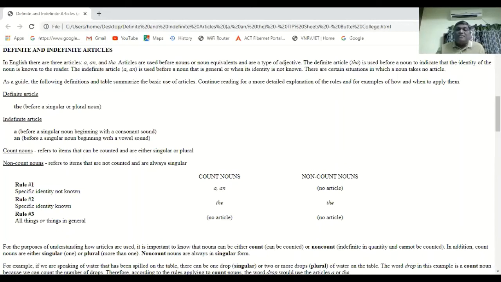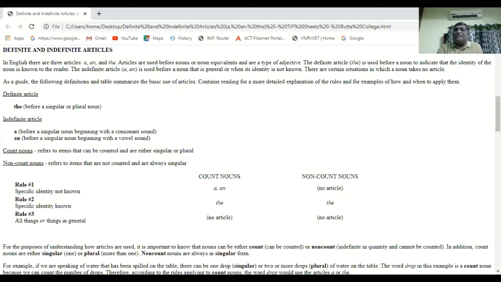Actually, articles do the work of an adjective. Like for example, the book. When you say the book, what is our rule of an adjective? Always adjective precedes the noun, the noun that it is describing. The book: book is noun, the is adjective.